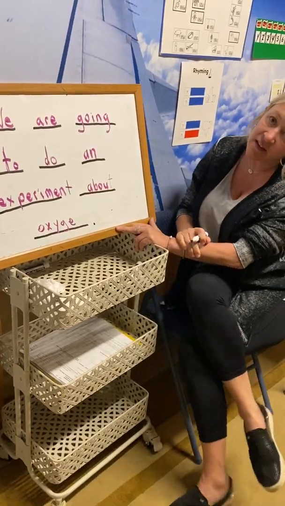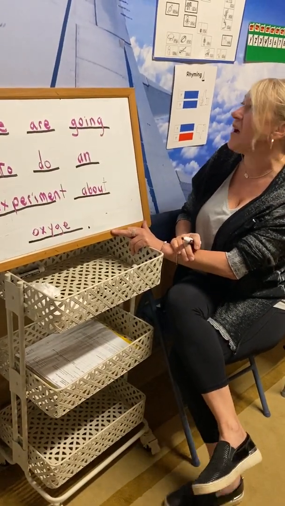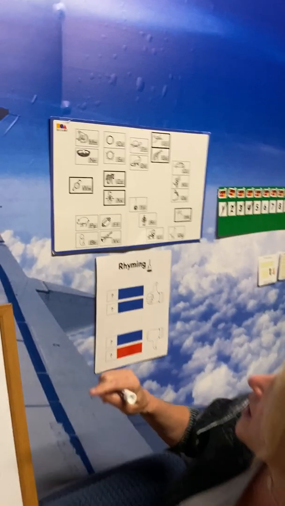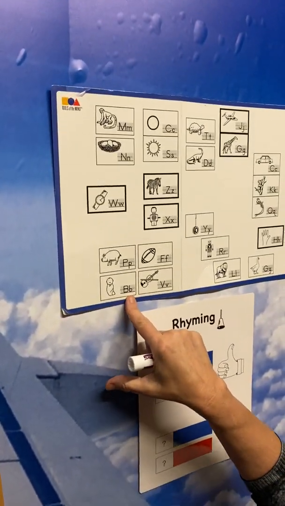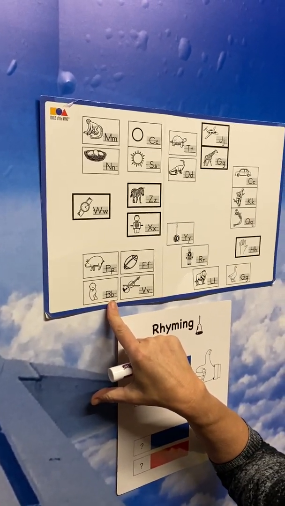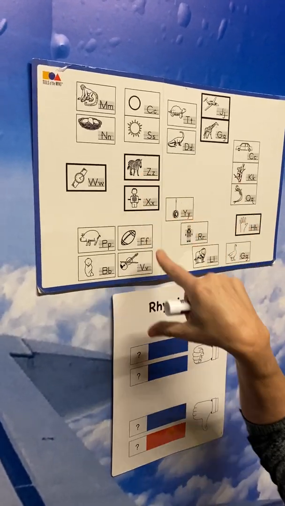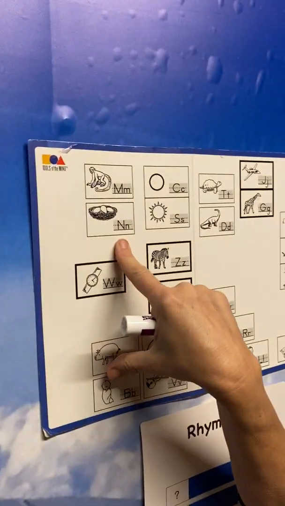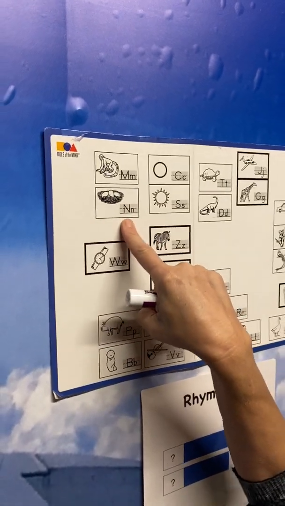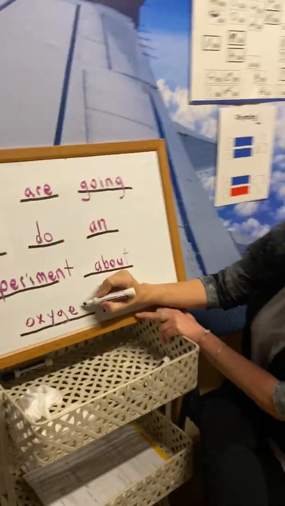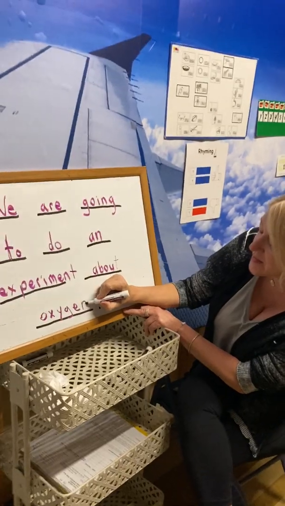And what's the last sound in oxygen? Is it oxygen with a B as in baby? Oxygib? I've never heard of that before. Or is it oxygen with an N at the end as in nest? You're right. It's an N at the end. I'll put a lowercase n. It's not an uppercase and it's at the end of the word.